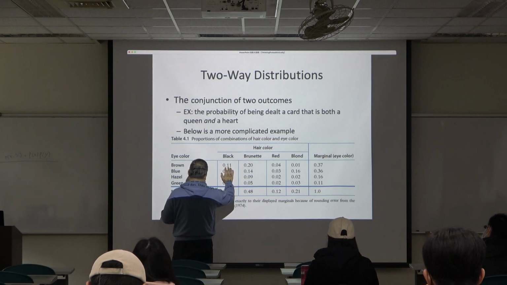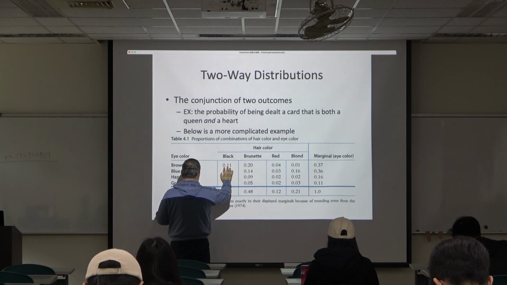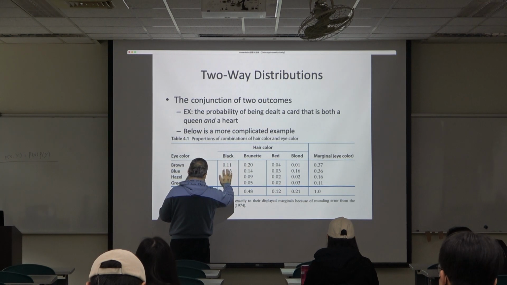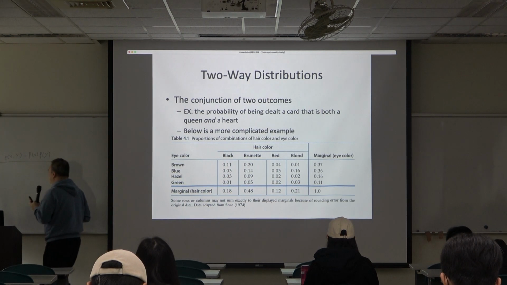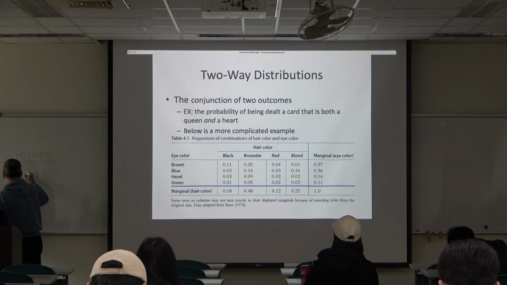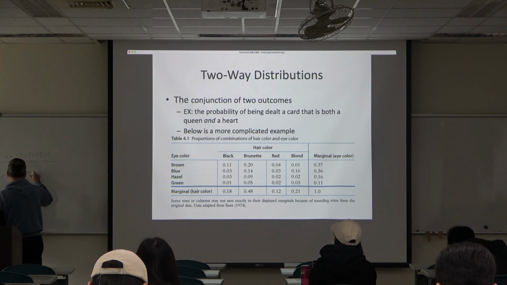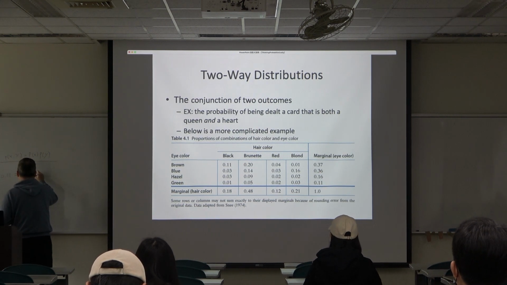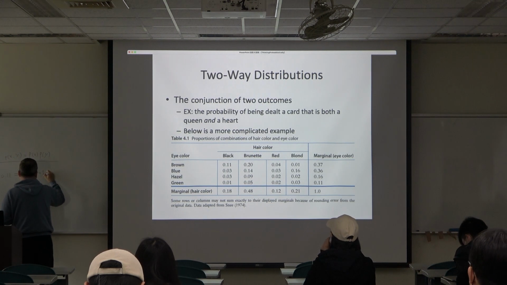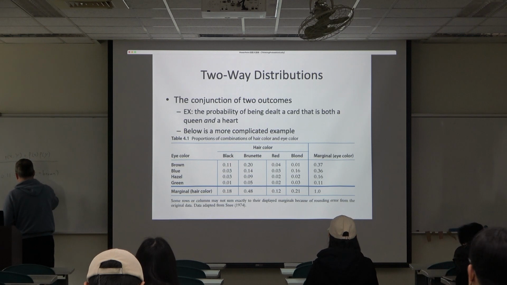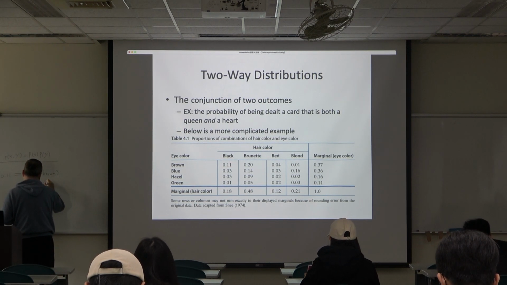We know the joint probability of brown eye, black hair is 0.11. Well, what is the probability of the eye equal to brown multiplied by the probability of the hair being black?